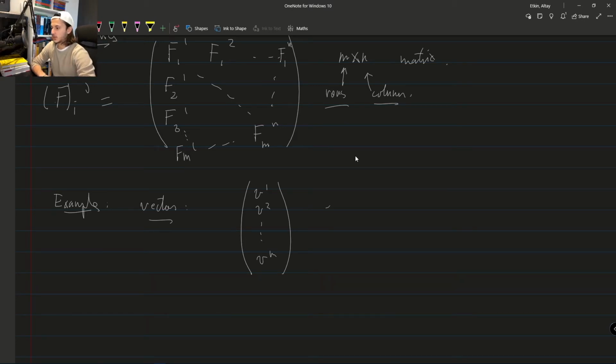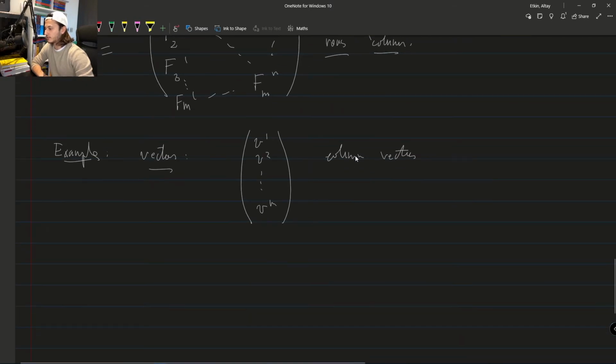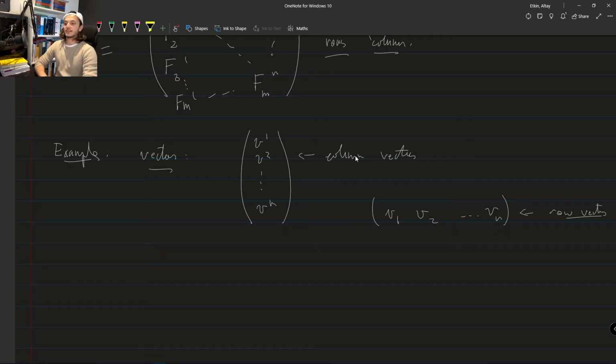So this is called a column vector. And you can also have row vectors like this: v1, v2, up to vn, and so these are called row vectors, and they live in different spaces.